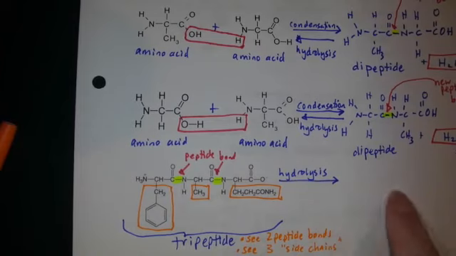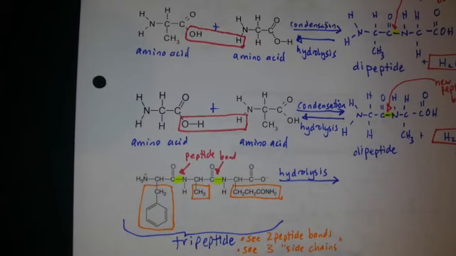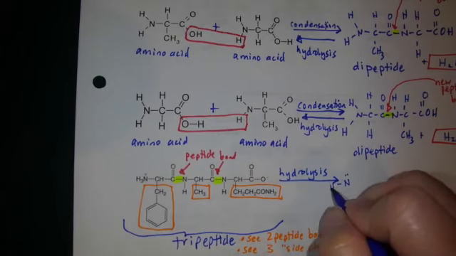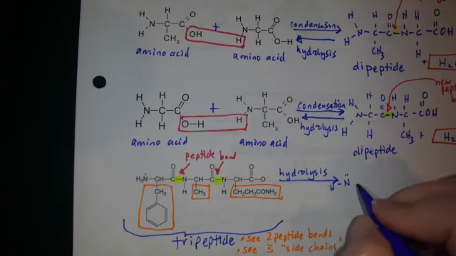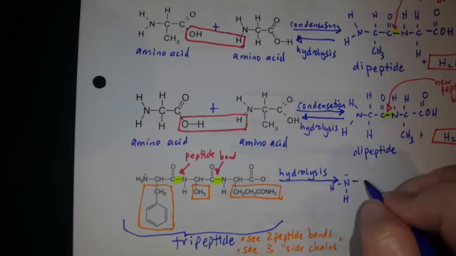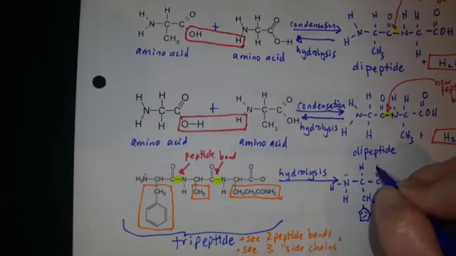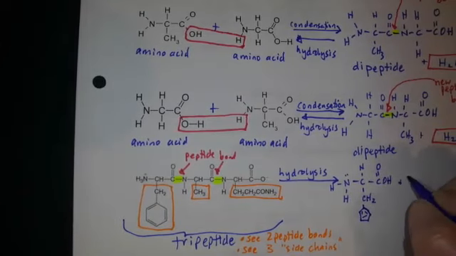I'm going to draw what the products are, although it's going to get very tiny. The main thing is being able to identify what happens. Drawing it is a little bit less important, but it's important to be able to do. So let's do it. Here's the amine, the side chain, so there's one amino acid, amine, H in the side chain.